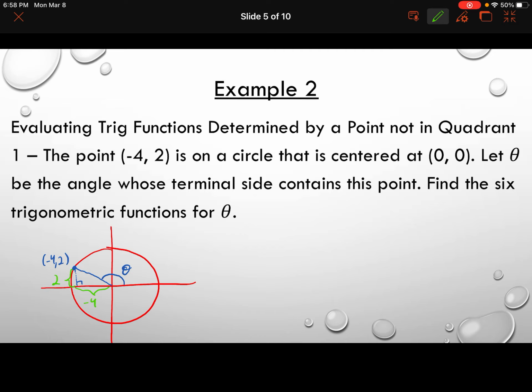Now, it might seem weird to you to see a side that's -4. But you have to think about it, it's -4 just in the context of where it is on the circle. So just keep that in mind as we're moving forward through this.